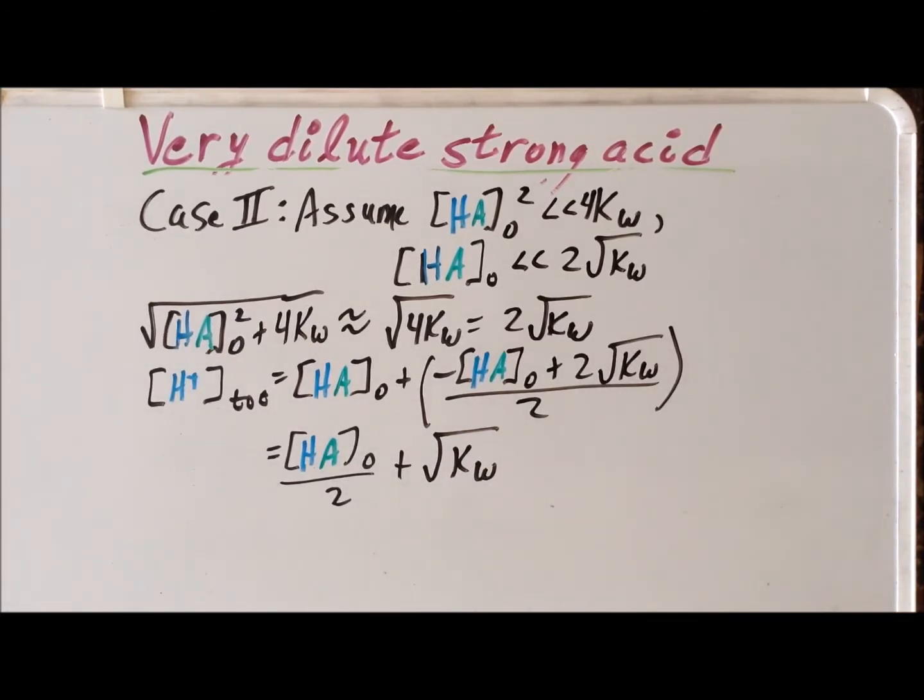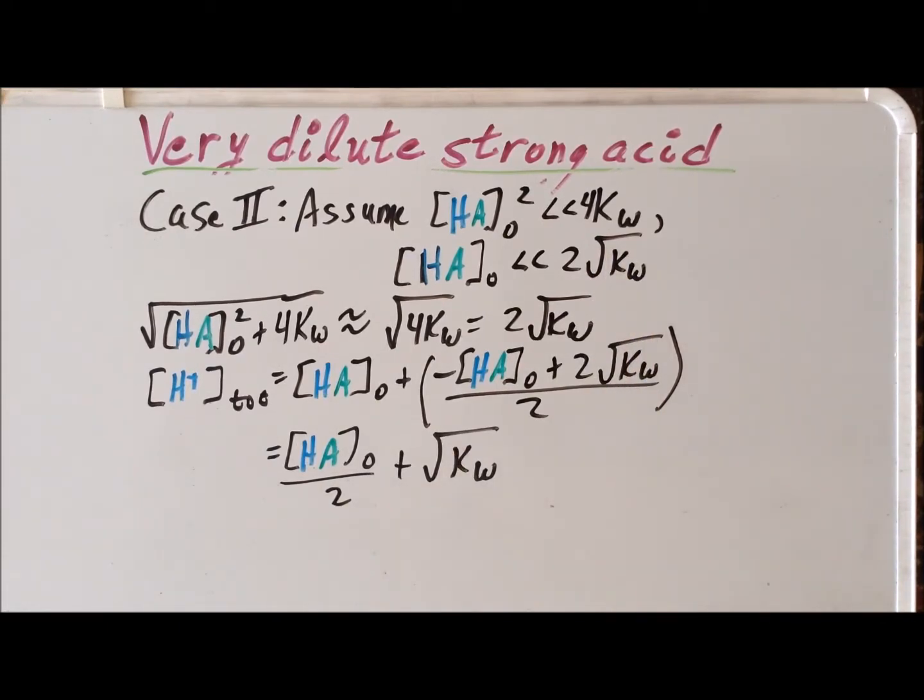until we recall that since we multiplied this expression through by 2, it's going to show that here we had the assumption that the concentration of HA is much less than 2 times the square root of K sub W. So again, we could take this expression divided by 2 to be equivalent to saying that the concentration of HA divided by 2 is much less than the square root of kW.